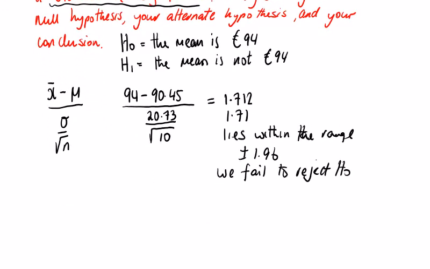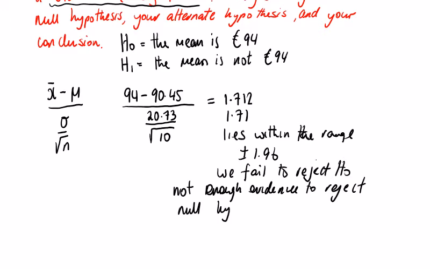We could add into that there's not enough evidence to reject the null hypothesis. Now we'll look at a diagram just to see this, and it brings us into part 3.